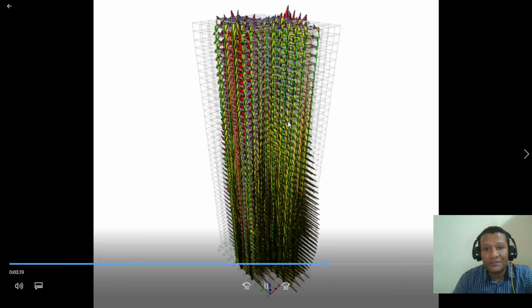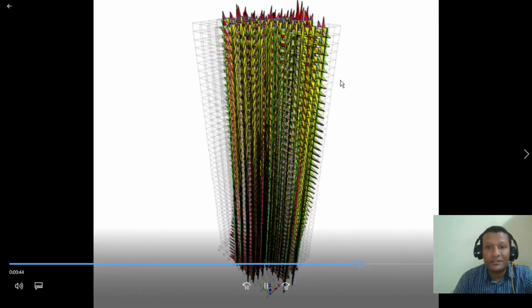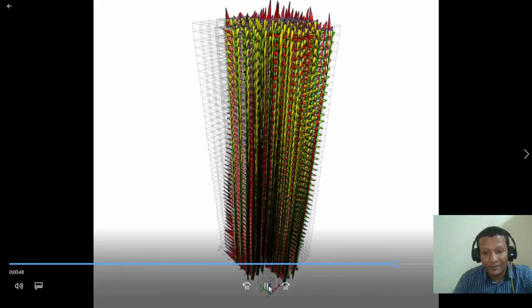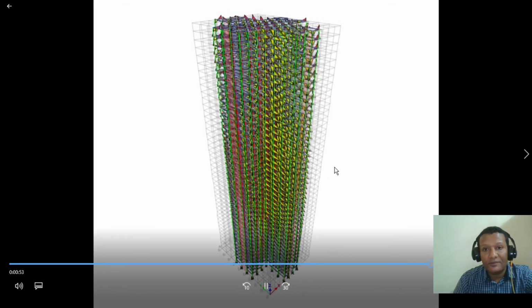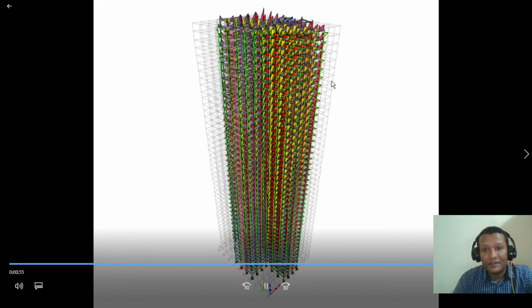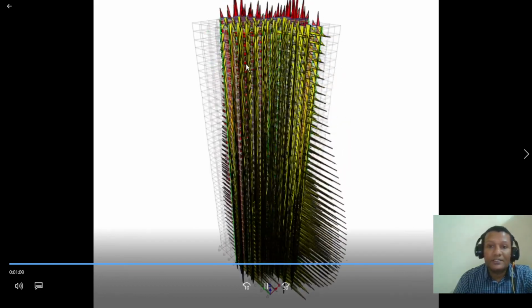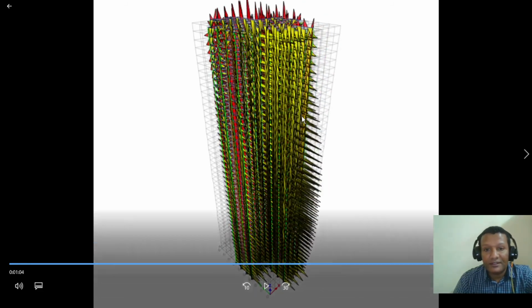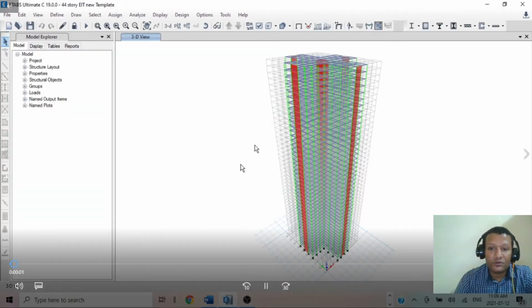For each time step, this is the direction in the X and the Y direction. As you can see, X, Y, Z. So in this way we can see the response of the structure each minute. Again, the next video, this is a combined response. For the combined response, I will show you also in a minute.